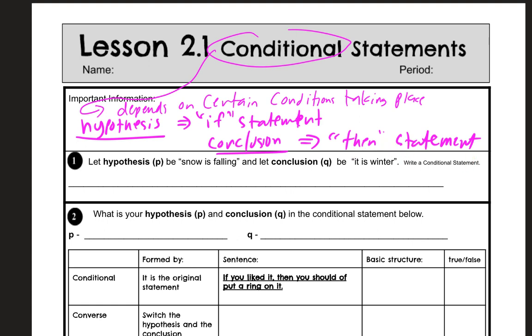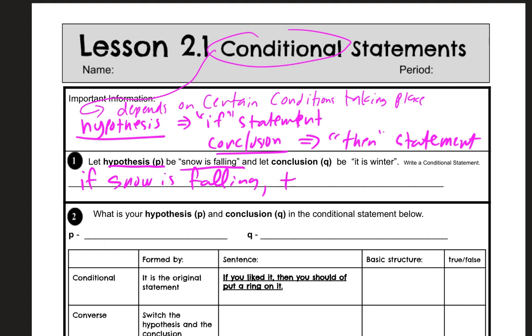So let's get right into writing a conditional statement. So we're going to let the hypothesis, which we said is the if statement, be snow is falling. So we're going to say if, because that's our hypothesis, if snow is falling, and our conclusion is it is winter. We said that's going to be the then statement.